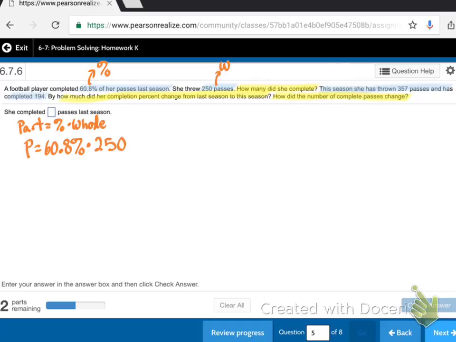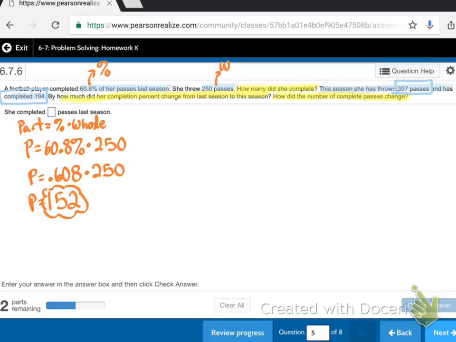So part equals 0.608 times 250. She completed 60.8% of that 250, and of means multiplication. So 60.8% turns into 0.608, times 250, so she completed 152 passes. That's part numero uno.